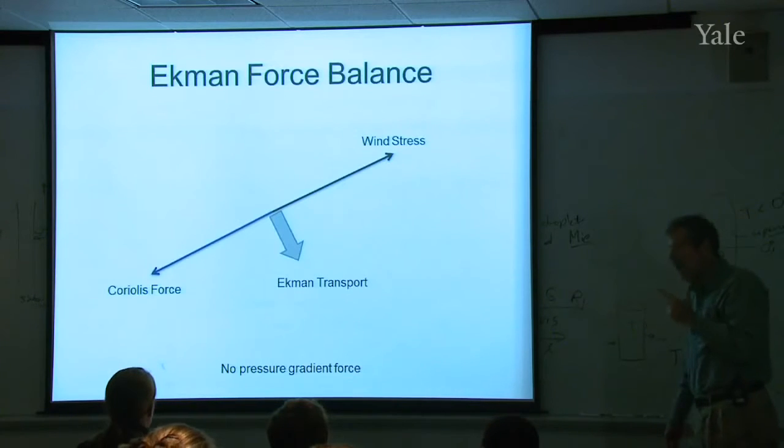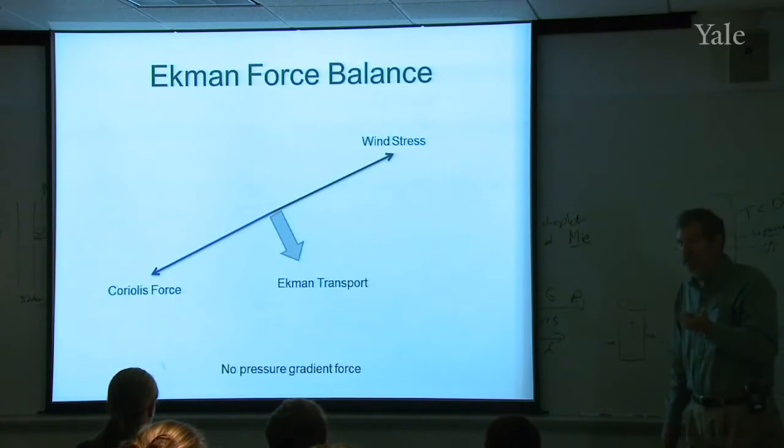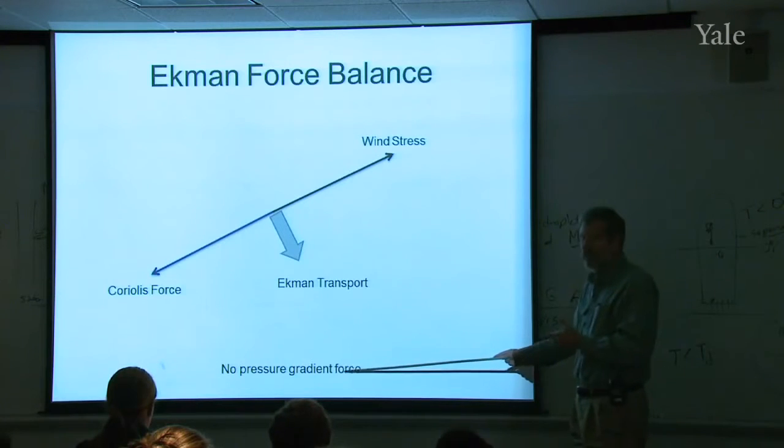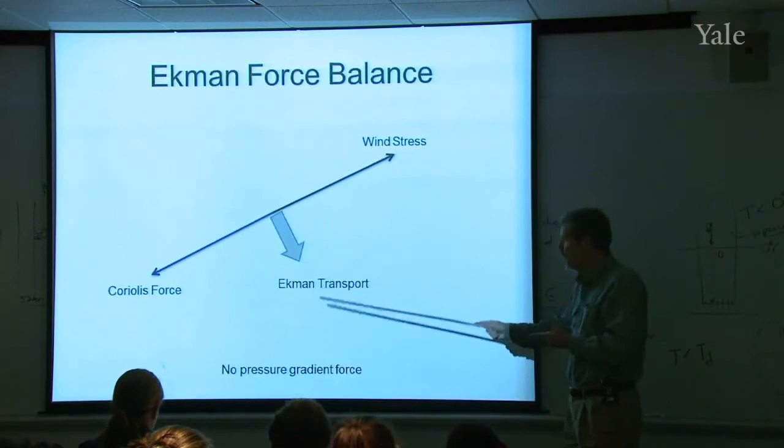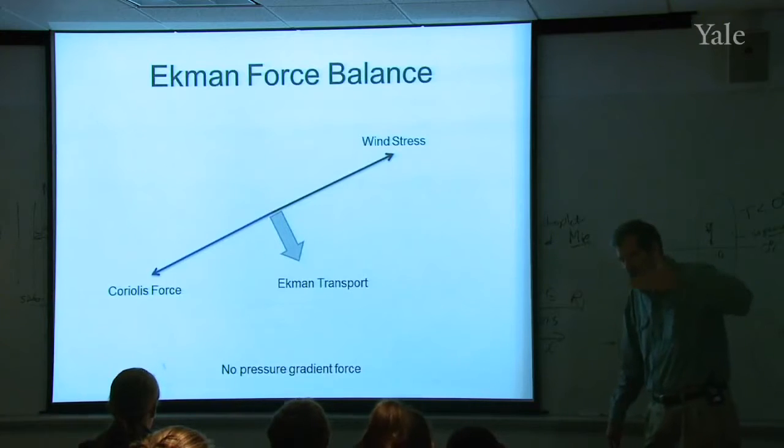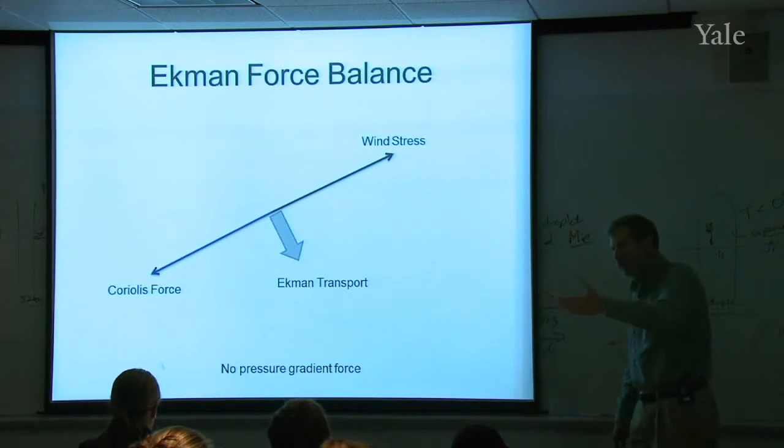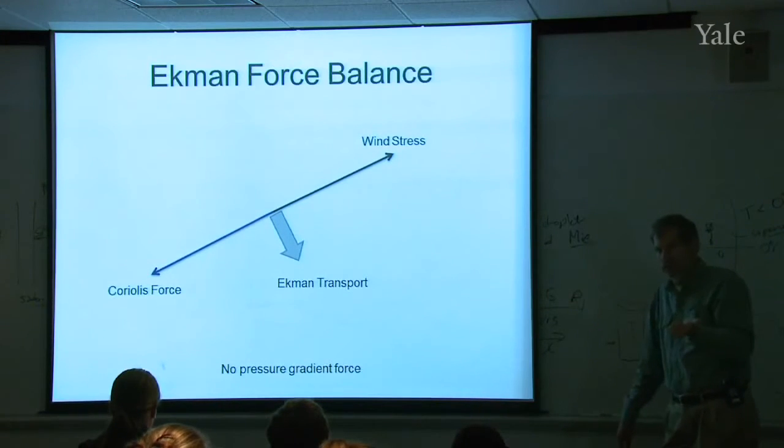Now, this is not identical with the geostrophic balance. Remember, geostrophic balance was a balance between Coriolis force and pressure gradient force. I have no pressure gradient force in this problem. This instead is a balance between a frictional stress being applied to the ocean and the Coriolis force.